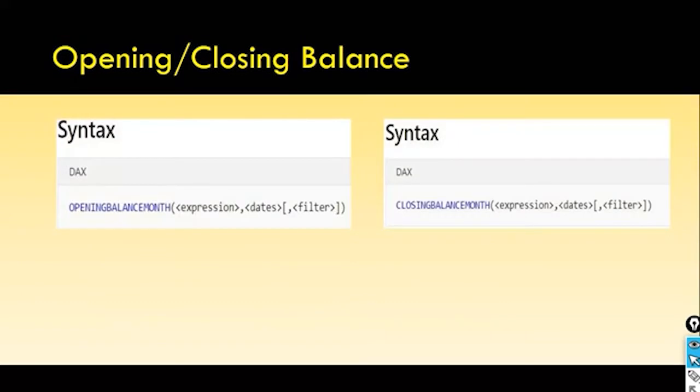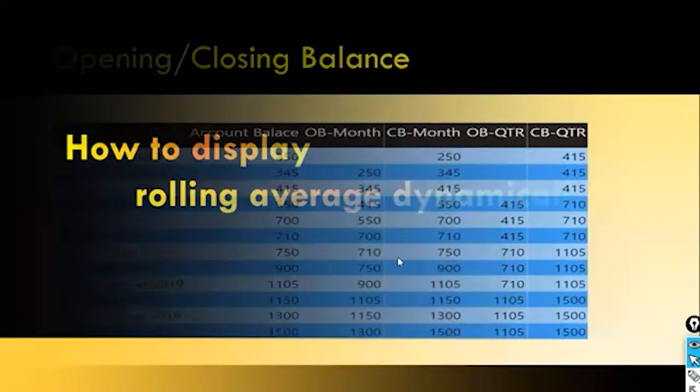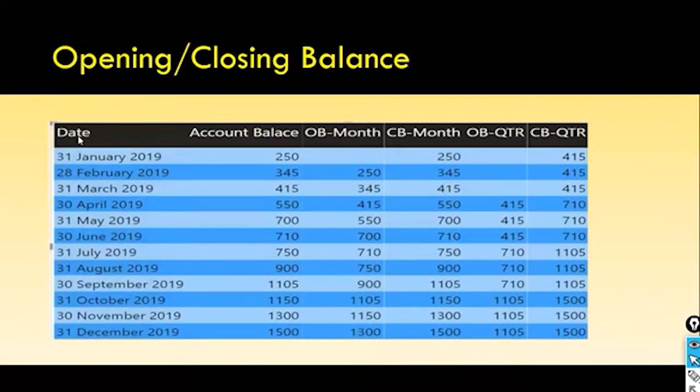Now we will look at the core of the opening and closing balance. An opening balance month function is available, and a closing balance month built-in DAX function is readily available. For example, this is the data set given to you, with the date column and account balance.